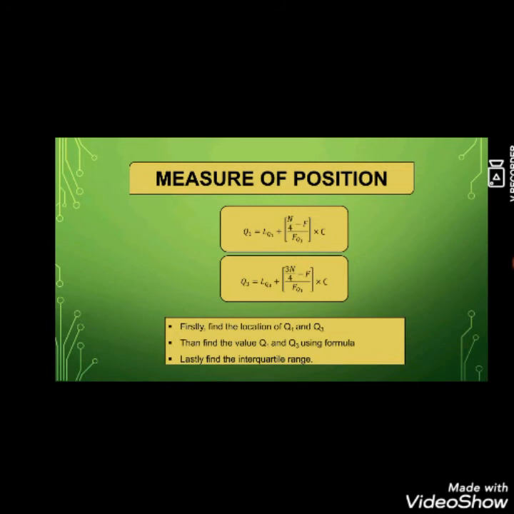And the last step is to find the interquartile range. To find the interquartile range, it is quarter 3 minus quarter 1, and we got the last answer, 26,520 for our measure of position.